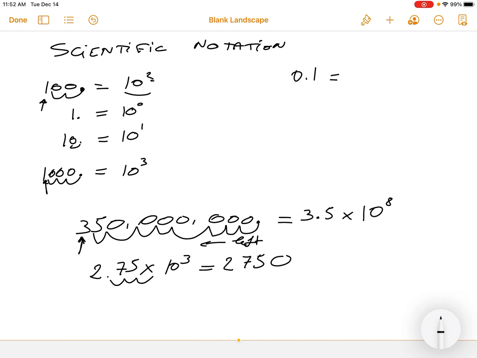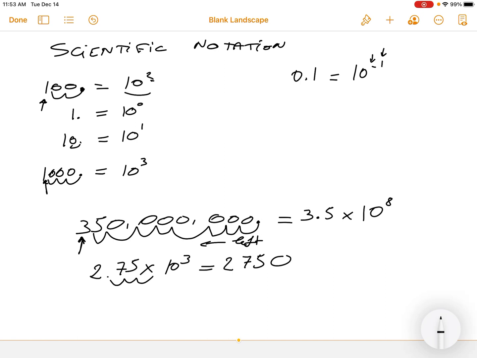So you're counting how many zeros you have before your decimal. For example, 0.1 is 10 to the power of minus 1. There is 1 zero before the 1.